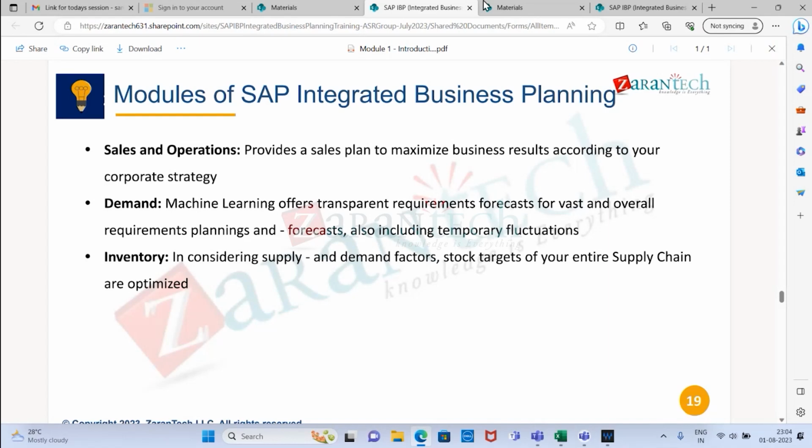The next one is inventory, which is extremely important because every time there is a change in the demand, it is practically not possible for the planner or the inventory planner to review each and every product or each and every product line and identify what's going wrong. But IBP in the background runs all these simulations and identifies the requirements or the issues and pops up the alerts for the planner.